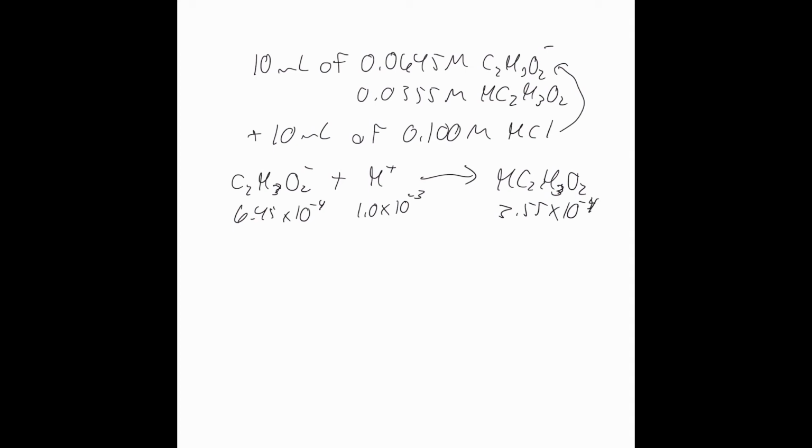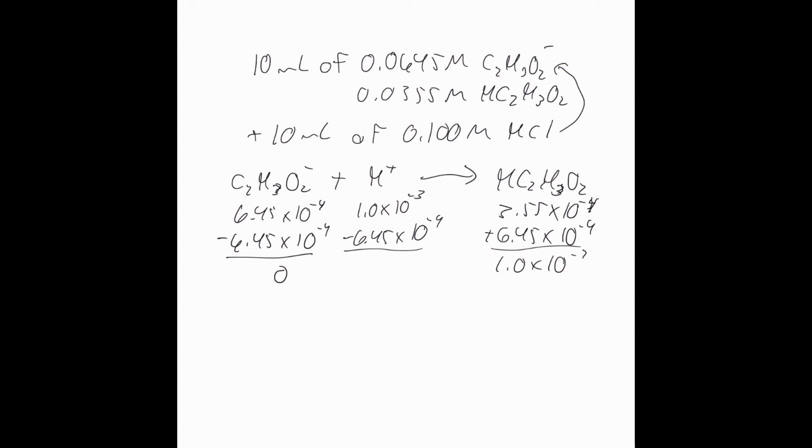So we multiply it by 10. That is no longer the limiting reactant, so the acetate is all going to go away. And then this is going to subtract away this number of moles, 6.45 times 10 to the minus 4. And then we're going to add 6.45 times 10 to the minus 4. That's going to be 1.0 times 10 to the minus 3. This is going to be 3.55 times 10 to the minus 4.